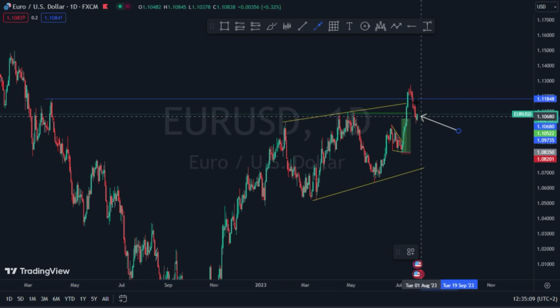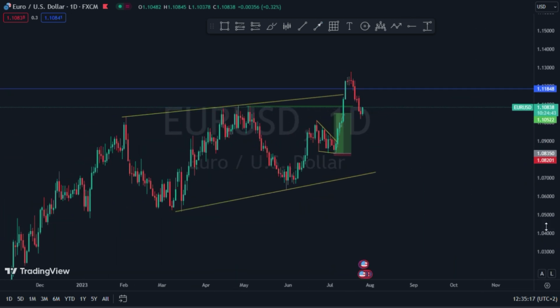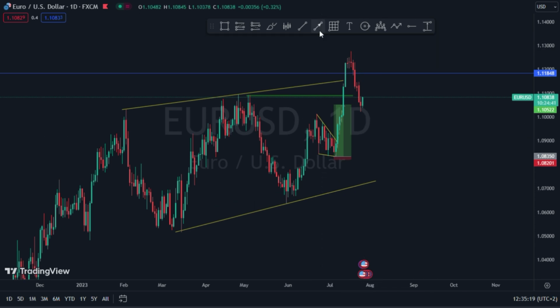Immediately after the breakout of this reversal structure, we had spotted that the market had already had the first touch, second touch, and now we expected the market to give us that third touch and maybe break above to reach this level, which is our key area of value.